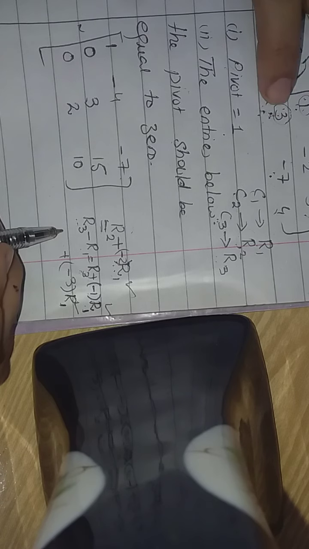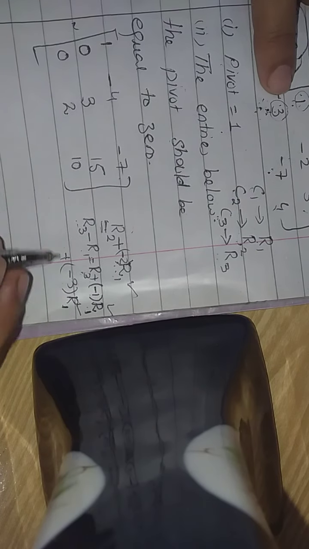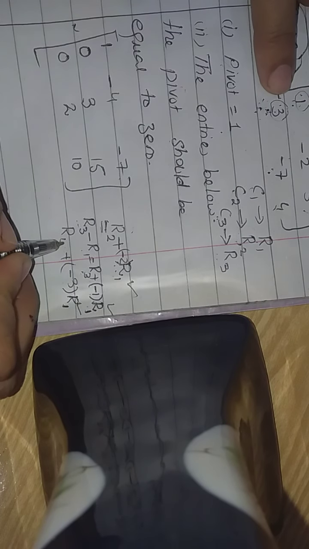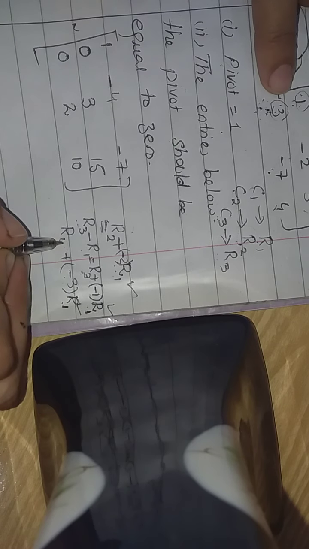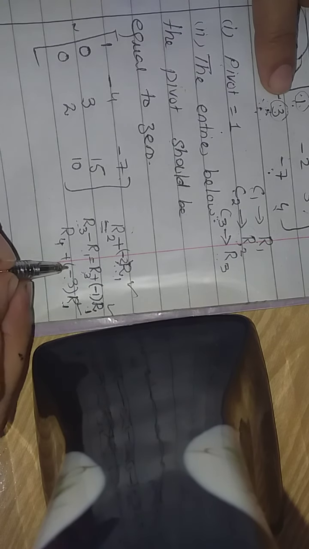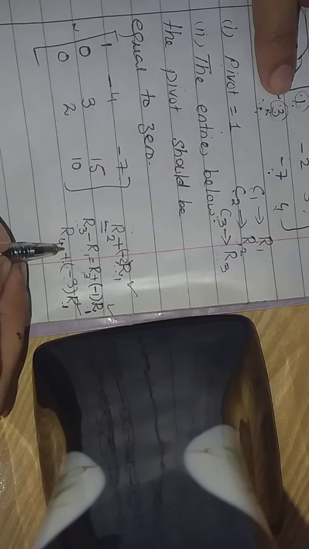To R4, because this element is in R4. Therefore we will be adding the multiples of R1 to R4. So we will be adding negative 3 times R1 to R4. We will multiply the first row with negative 3, and then add the result to R4.